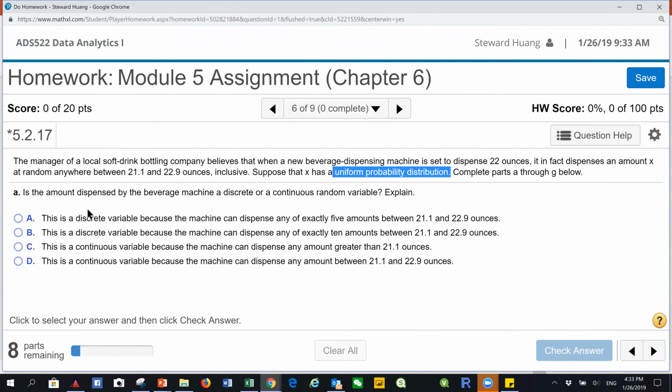So uniform distribution is a continuous probability distribution. You can think of it as drawing a rectangle. Let me draw it.